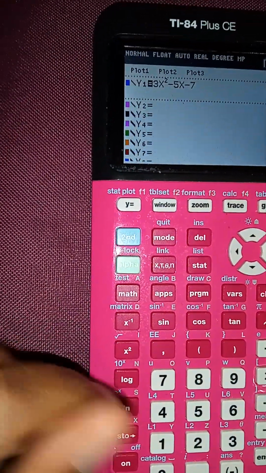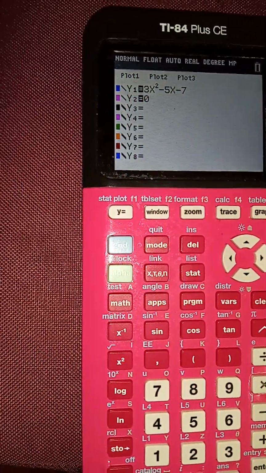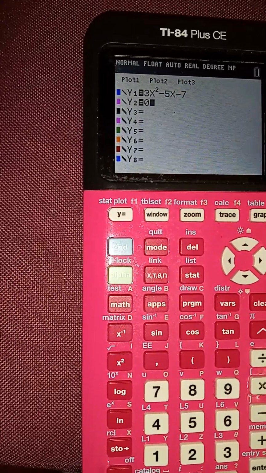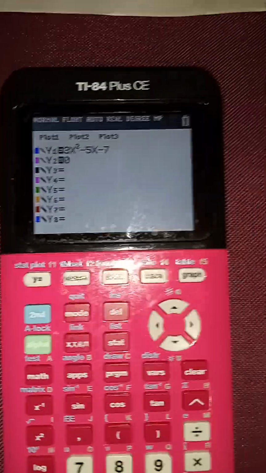Okay. And then it will be set equal to 0. So on y1, we want to have 3x squared minus 5x minus 7. And then on y2, we put a 0 because that is what the equation is equal to.